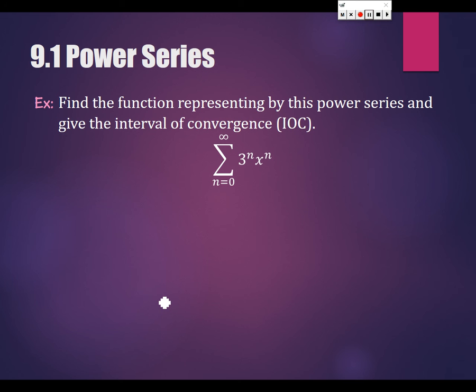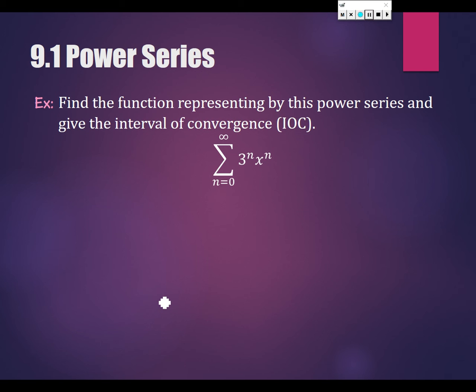You want this one, Max? I'll take it. Whenever you're ready. What do you think? Give us the rule. What's the common ratio here? What's r?